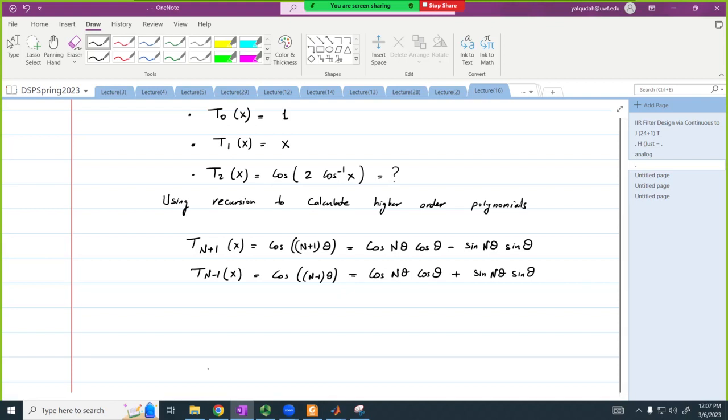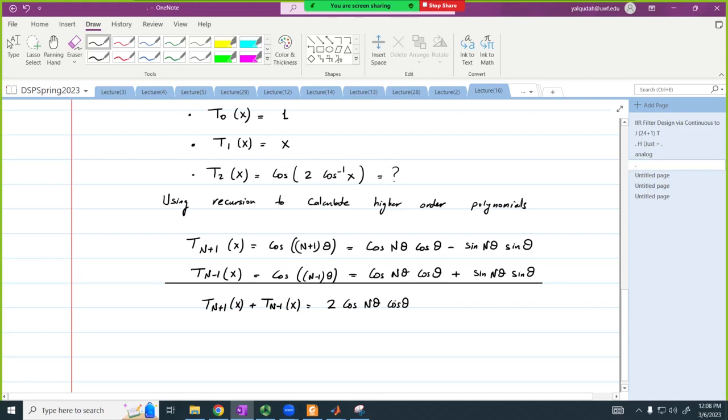What do I do next? I'm going to add these together. And if I add these together, I'm going to get Tn plus 1 of x plus Tn minus 1 of x is going to equal 2 cosine n theta multiplied by cosine theta. But what is cosine n theta equal to? This is going to equal 2 multiplied by Tn of x multiplied by x.